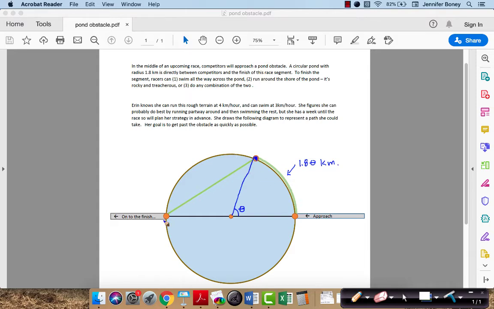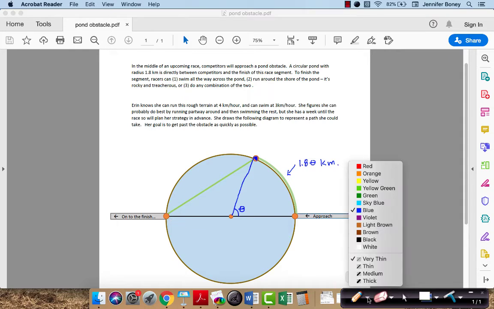Figuring out how far she swims is a little bit more challenging because although this is just an arc length, and as long as theta is measured in radians, then a measurement of theta radians is theta radius lengths around the edge of the circle in terms of the arc that it creates. This is a secant line through a circle, but not through the center, just through 2 points.